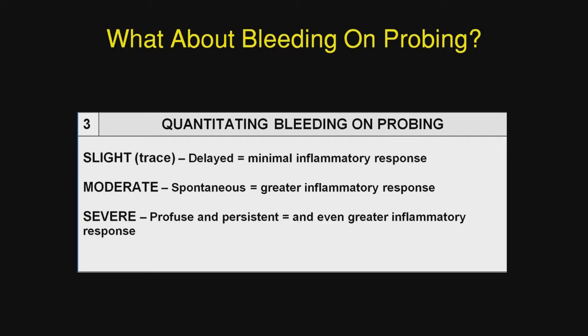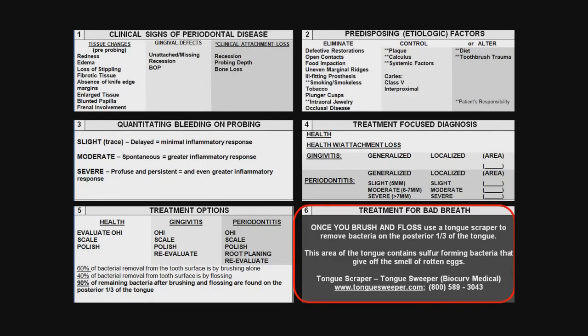Severe bleeding on probing is profuse and persistent and means there's a greater level of inflammatory response. In this case, typically the tissue is somewhat swollen, reddened, and as you begin to probe, before you even reach the depth of the pocket, blood oozes out. So this is a good way for students to learn a quantitative way of doing bleeding on probing.